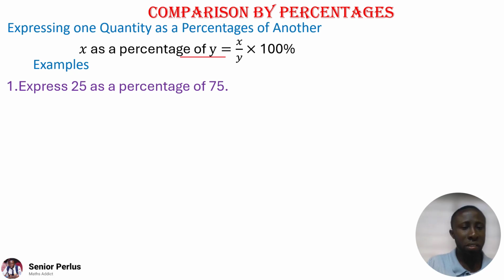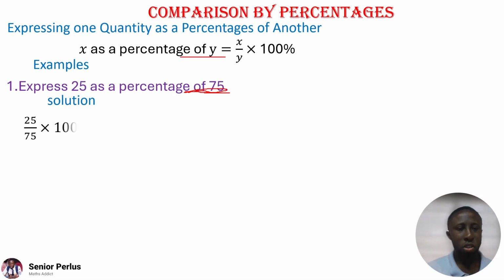Express 25 as a percentage of 75. The 'of 75' makes 75 the denominator. So you express this as a fraction first: 25 out of 75. Then you multiply by 100%. If you use the calculator, you'll get this.